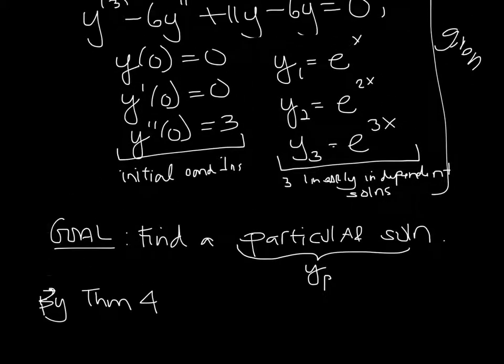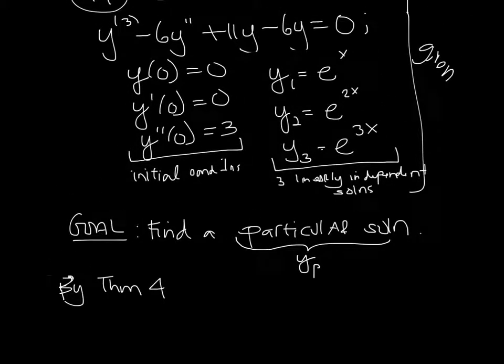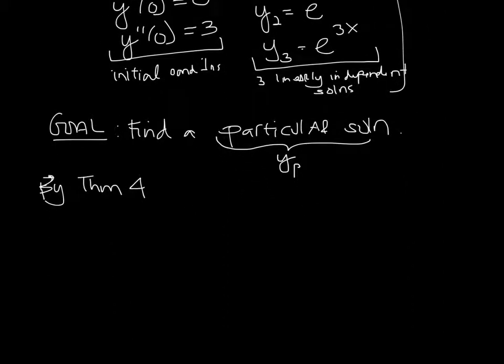In this case, here's my y1, y2. My n is 3, because we only have three linearly independent solutions. And they're given, so we have a form of our solution. Let's go ahead and write that down. That is going to be my capital Y of x.